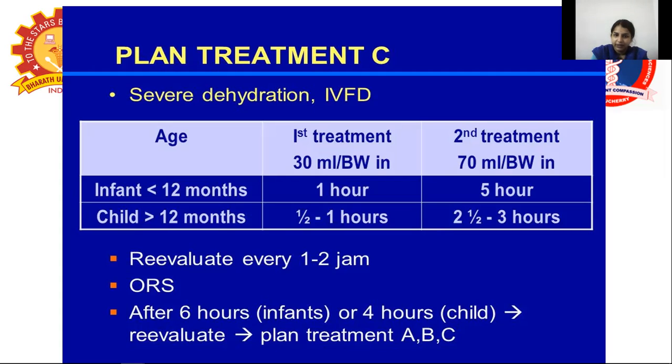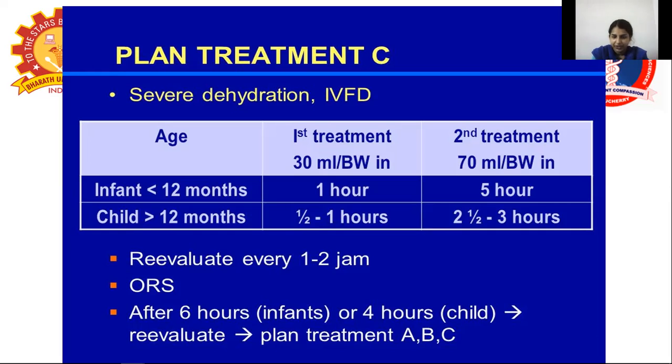The initial 30 ml per kg in infants less than 1 year of age is given over 1 hour, and in children more than 1 year it is given in half an hour. The remaining 70 ml per kg of fluid is given over around 5 hours in infants less than 12 months, and in older children around 2.5 hours.